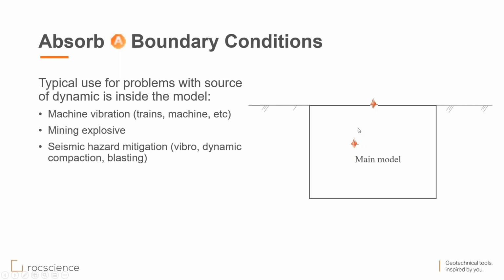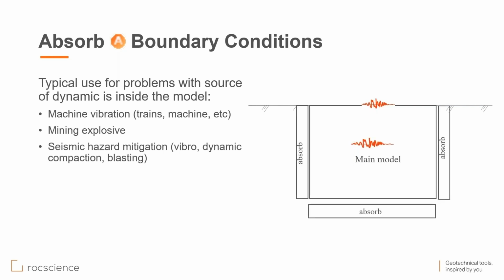And you can also use this type of boundary condition to model seismic hazard mitigation, such as vibro-dynamic compaction or blasting. And to do that, it is very simple. You only need to assign the absorb boundary condition to all of the external boundaries except the free surface.